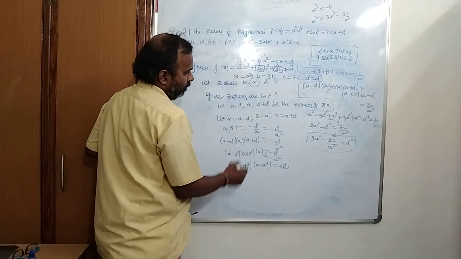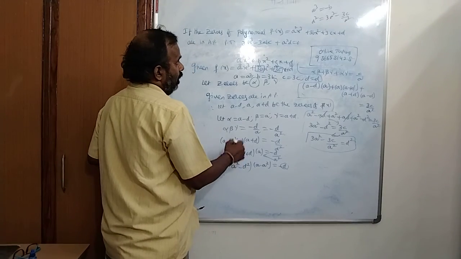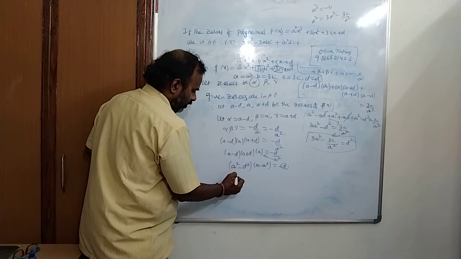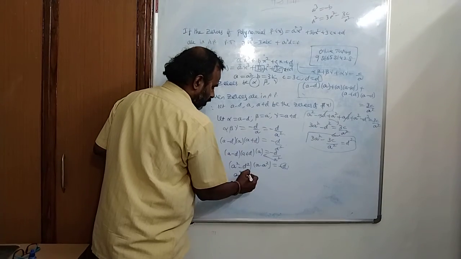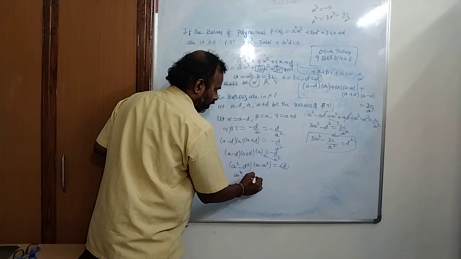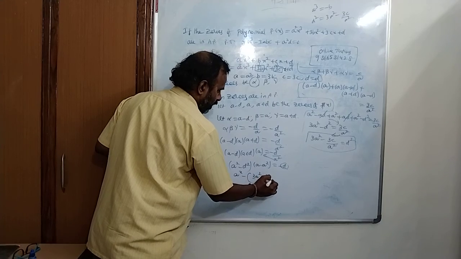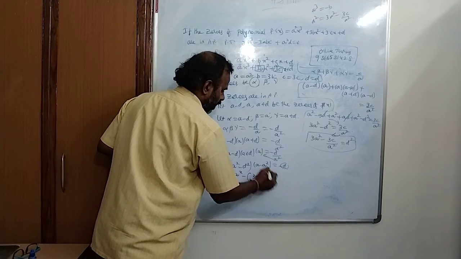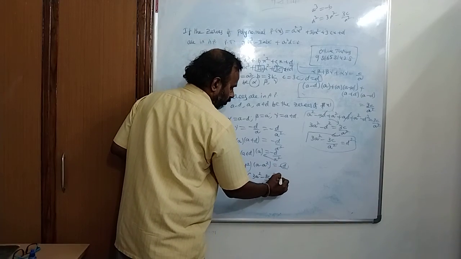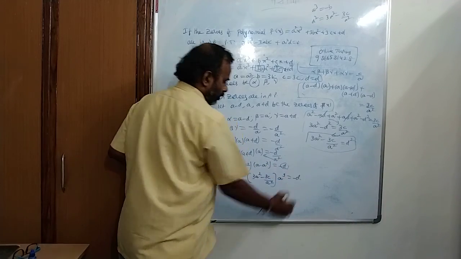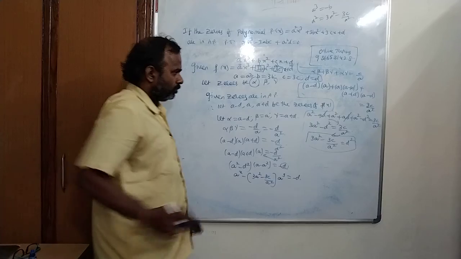So a square minus d square, where d square is 3a square minus 3c by a square, into a into a square, a cube, is equal to minus d.